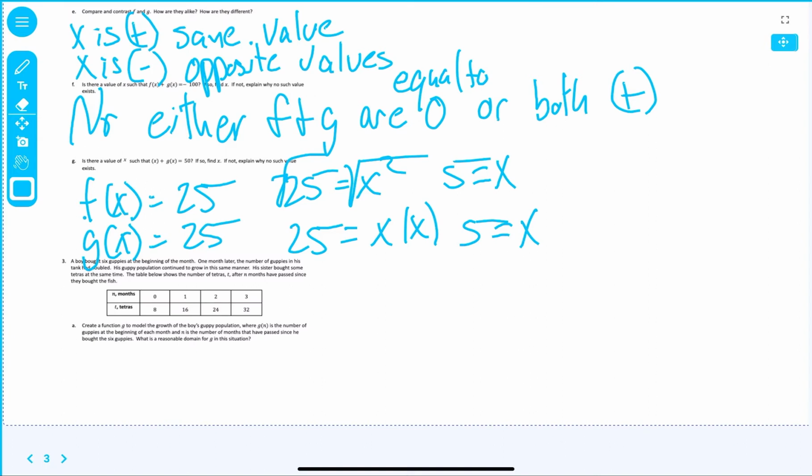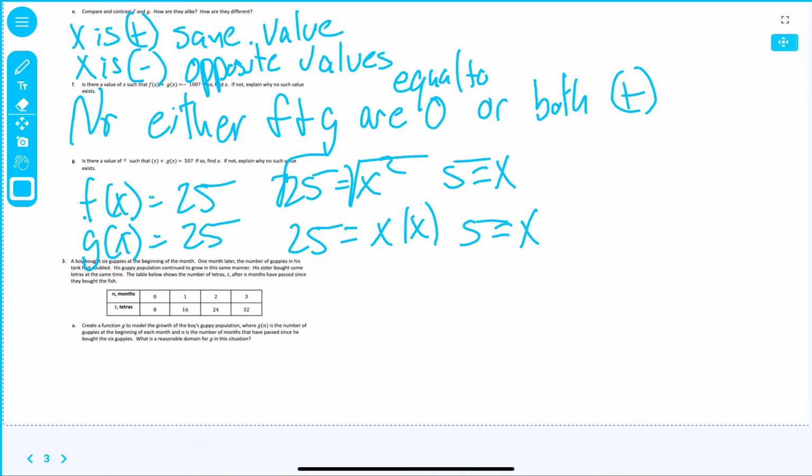says a boy bought 6 guppies at the beginning of the month. 1 month later, the number of guppies in his tank had doubled. His guppy population continued to grow in this same manner. His sister bought some tetras at the same time. The table below shows the number of tetras T after N months have passed since they bought the fish.